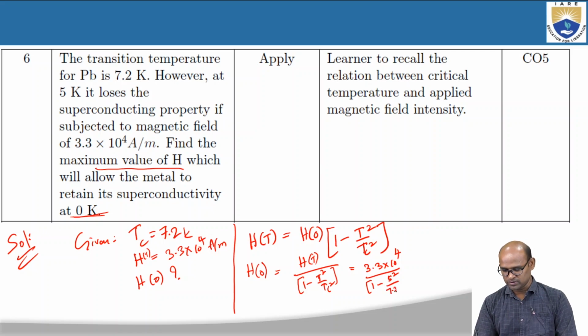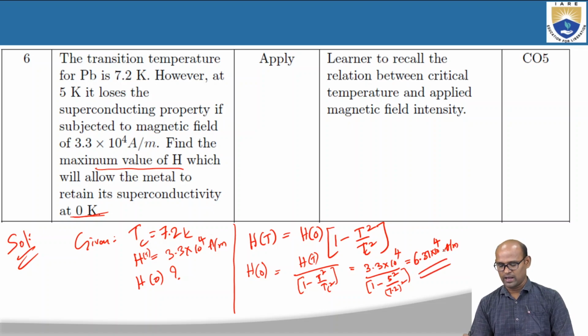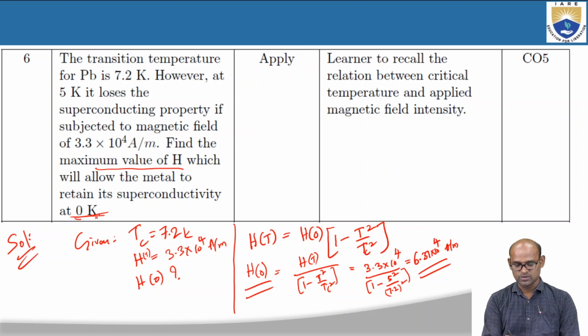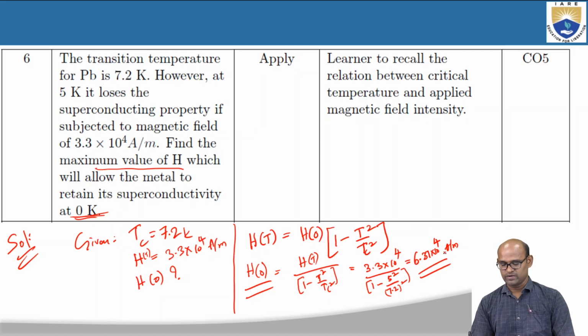When we do all these calculations, we get 6.37 into 10 power 4 amperes per meter as H of 0. The maximum value of H at 0 Kelvin is 6.37 into 10 power 4 amperes per meter.